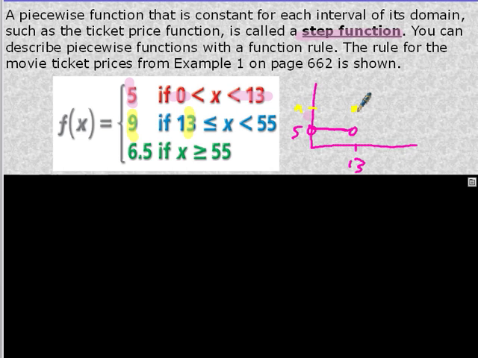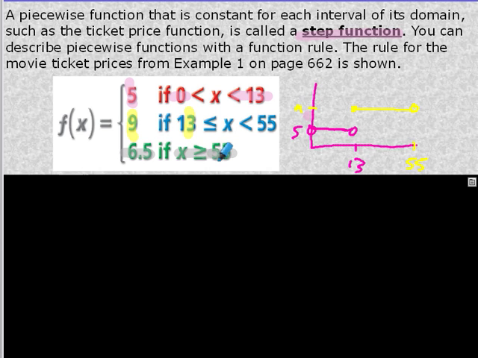Notice it's less than 55, so 55 over here is going to be an open circle. And finally, it's going to be 6.5 if x is greater than or equal to 55.